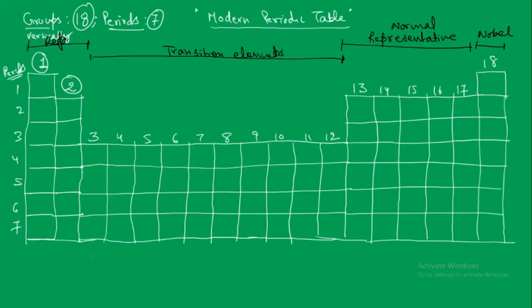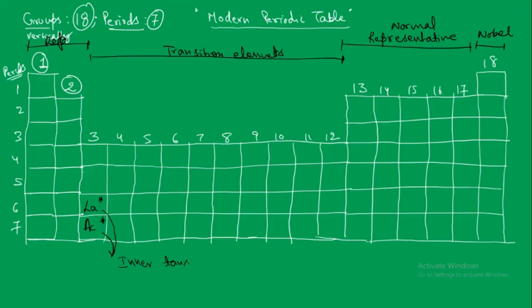Then there is another group known as the inner transition elements, which includes the lanthanides and actinides.